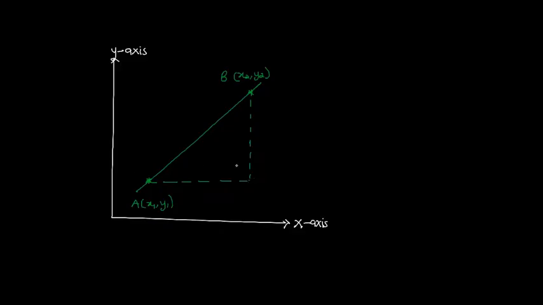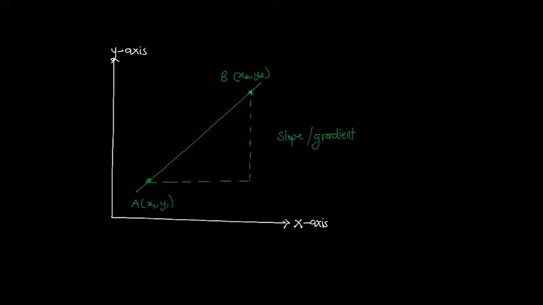Now if we do that extension, the slope or the slant of the line gives it a slope. You can see it's slanted and it has a slope. The slope is what we are calling the gradient. The slope is the same as the gradient.